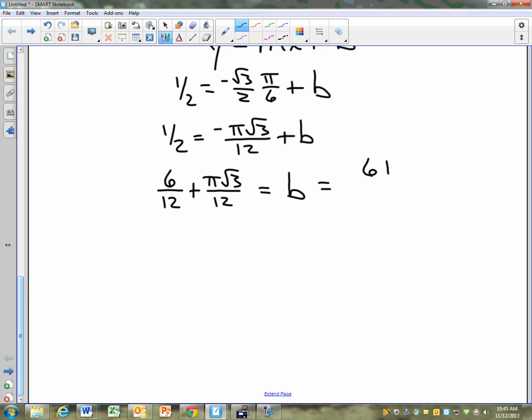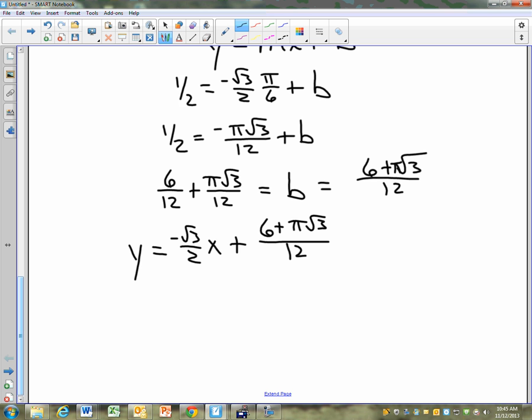Or 6 plus pi roots of 3 over 12. That's my b value. So the equation for the line is y equals, what's my slope? Negative root of 3 over 2 times x plus 6 plus pi roots of 3 over 12.